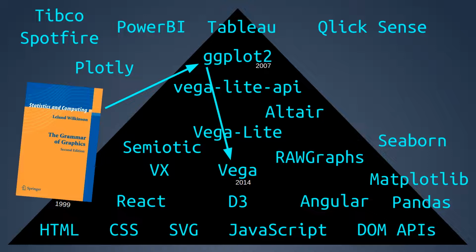One of the problems with Vega is that it was a bit too verbose to use, so then Vega Lite was introduced around 2017. And very recently, in 2019, Vega Lite API was created by Jeff Heer. That's where Vega Lite API sits in the context of all these various tools.